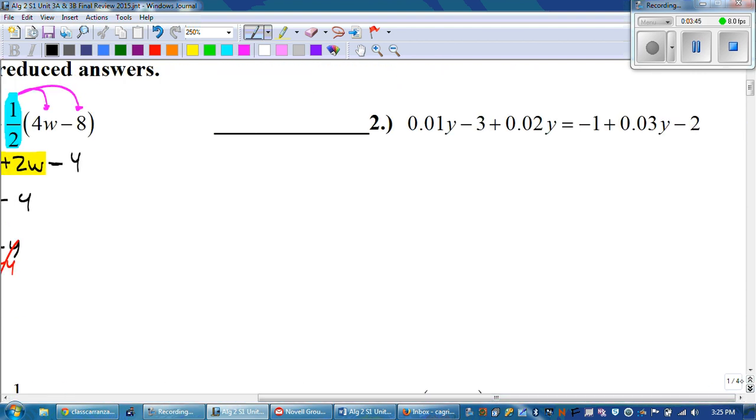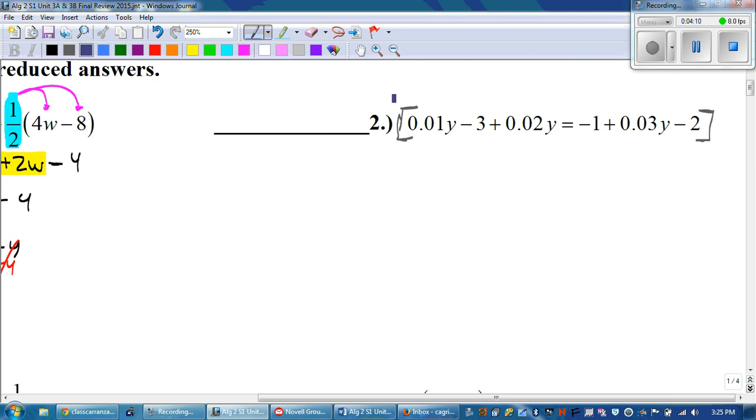All right, number 2. Now, 2 ways that you can do this. If you have your calculator right away, you can start combining your like terms and solving. That's perfectly legit. Okay? I don't like decimals here. So since I don't like decimals, I want to get rid of them.